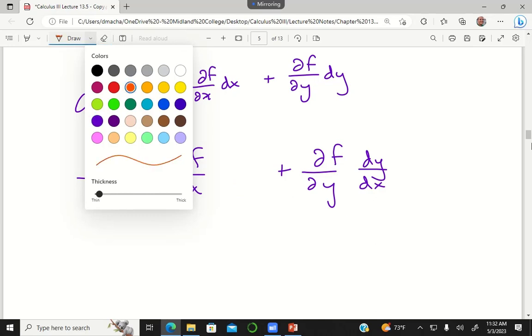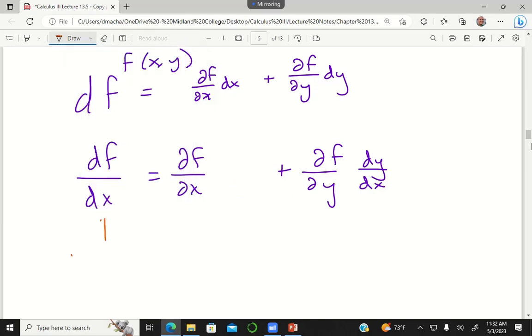And what I want to point out here is that this is the ordinary derivative of f with respect to x, and this is the partial derivative of f with respect to x.